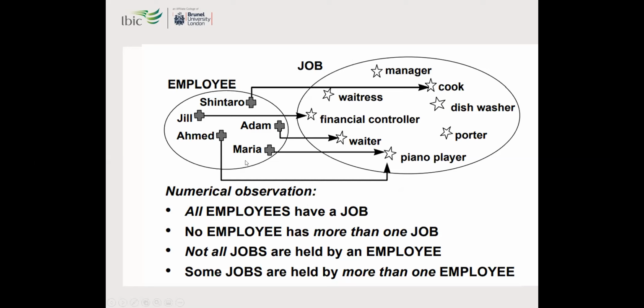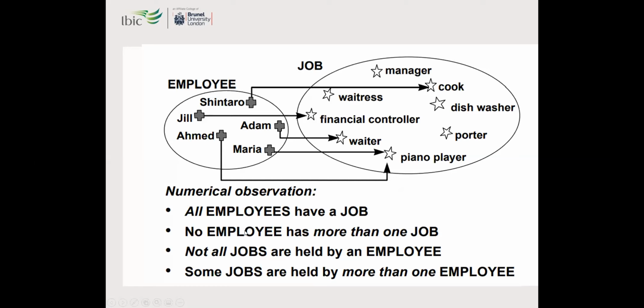So this represents an employee entity, which means each object within this employee needs to have a job. It's not possible for any of them to become jobless.